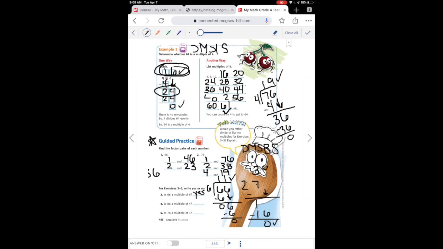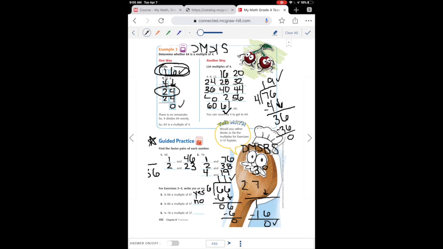Oh, it won't let me get that far off the page. Hold on. I tried to divide it for you. 86 divided by 4. No, it does not work, so it is not a multiple.